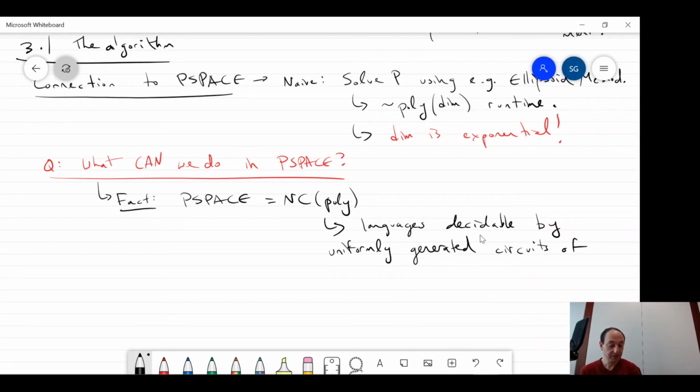So we have to give up something. They can be exponential size now. But what's the trade-off? If I have exponential size for general circuits, then I would get EXP. So I need a catch. What's the restriction? Well, now I'm going to restrict the depth of the circuit to poly depth.